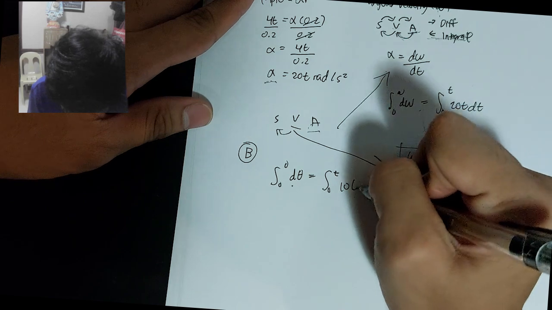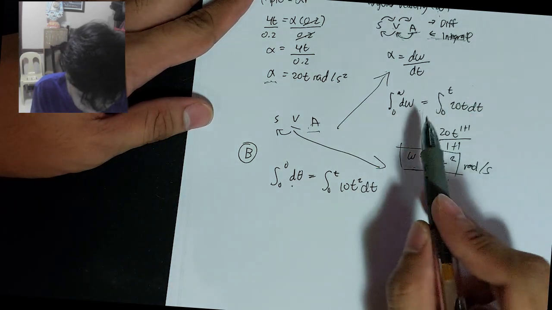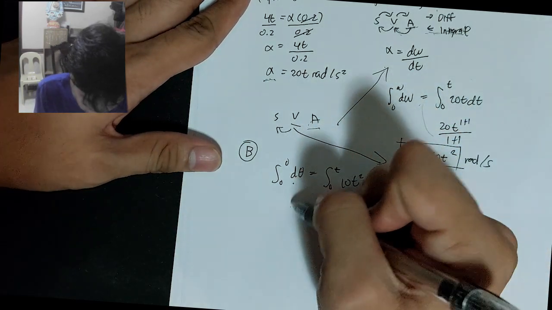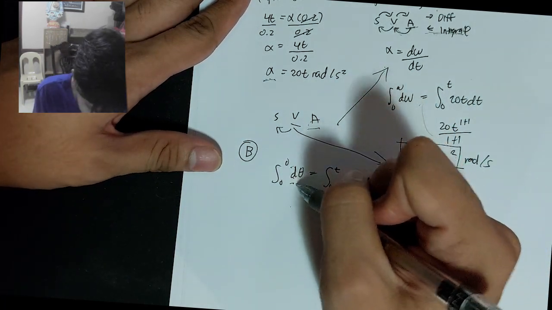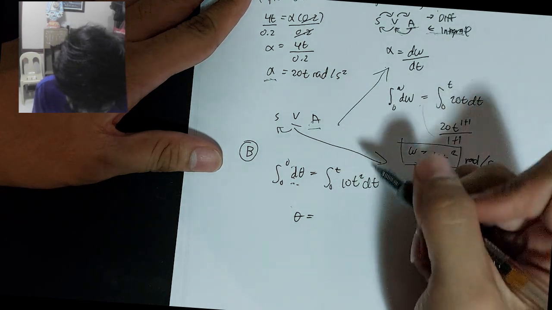Our 10t squared dt, the same as earlier. Integration of this gives theta.